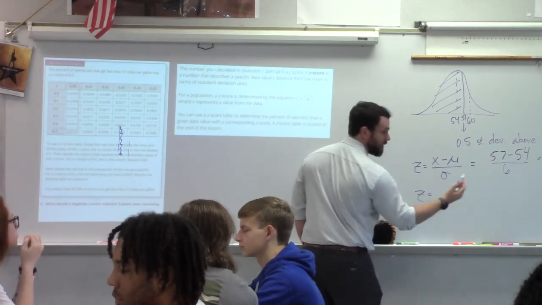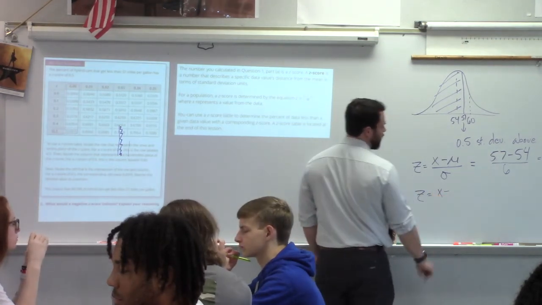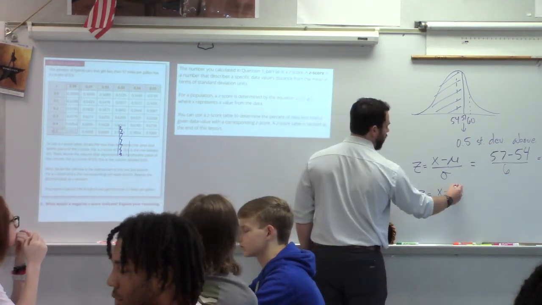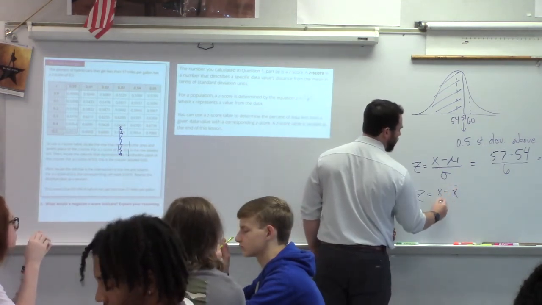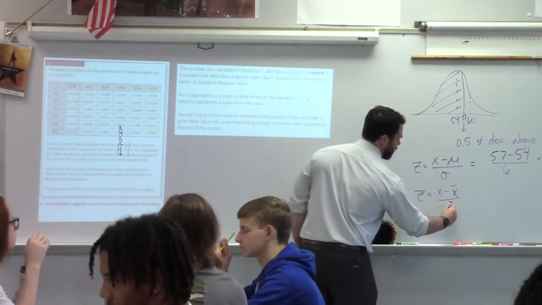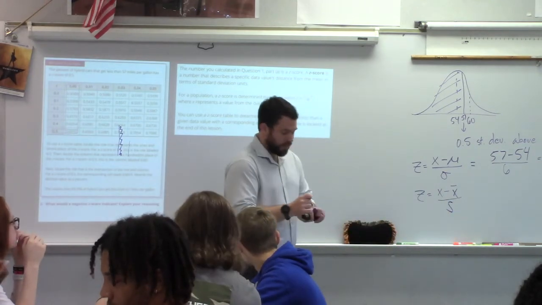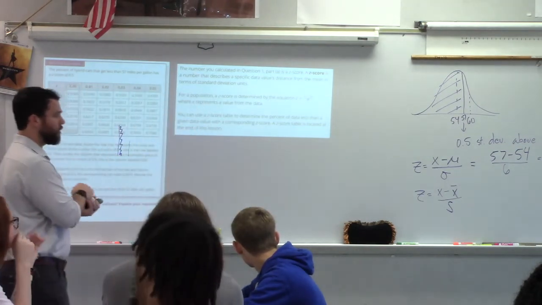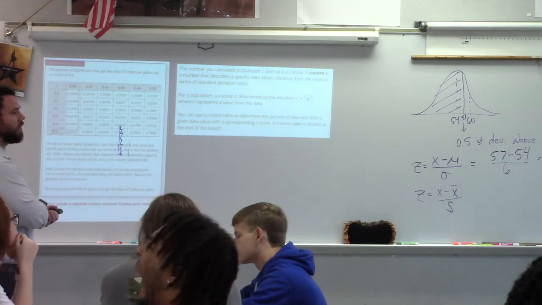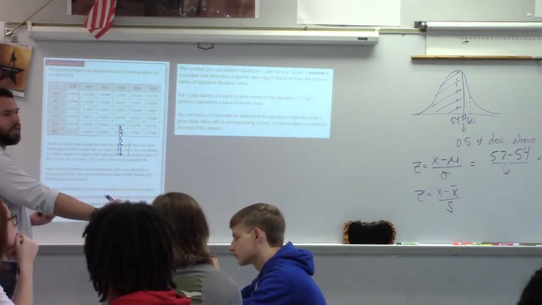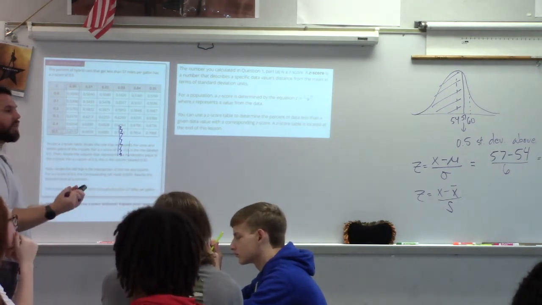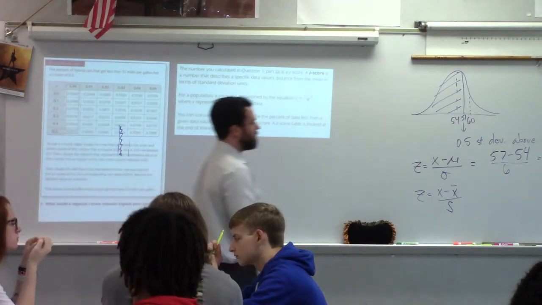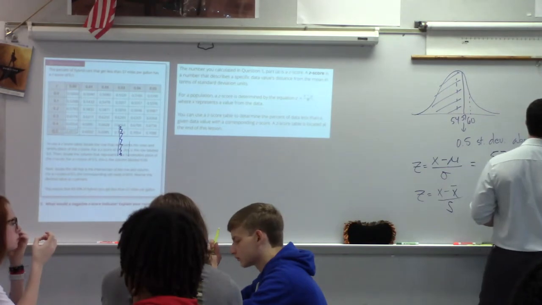Or, if you only have a sample, what's the statistic instead of mu? It would be x bar. And what's the statistic for sigma? S. That's it, right? To find the number of standard deviations, all we're doing is taking the value that we have, subtracting the mean from it, and dividing by how big a standard deviation is. That's how we figure out how many standard deviations we're looking at. And that's what your z-score is.